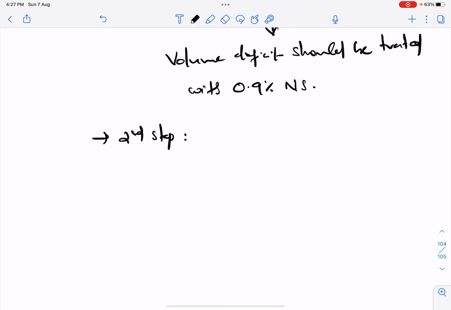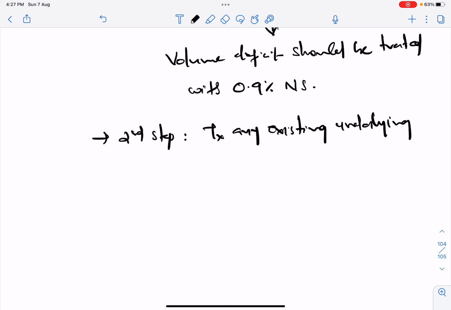The second step is nothing but treating the underlying illness. Okay, so treat any existing underlying cause. For example, if there is fever, you can give antipyretics.